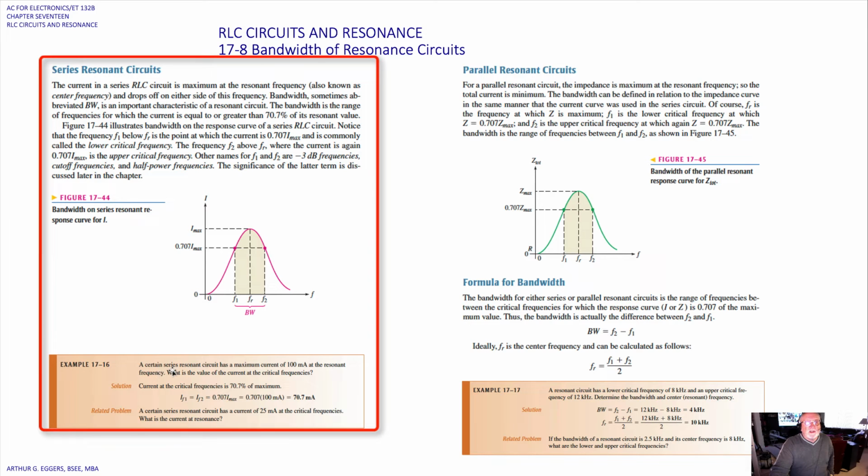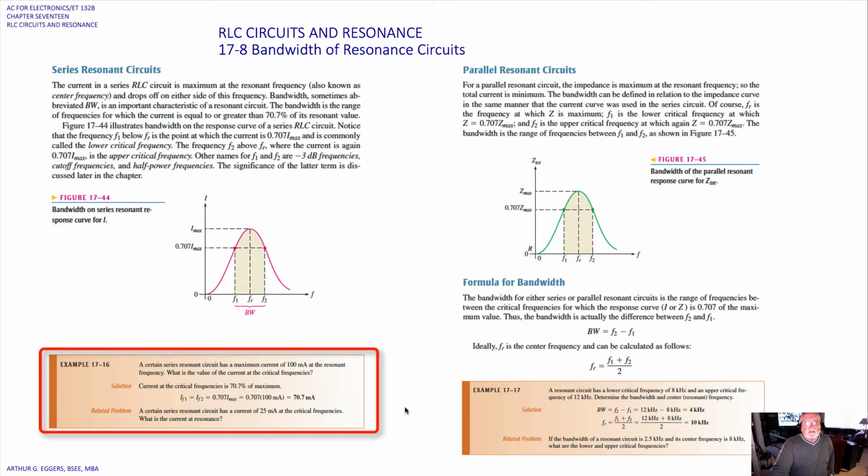A certain series resonant circuit has a maximum current of 100 milliamps at the resonant frequency. What is the value of the current at the critical frequencies? We can start to look at those to give us some idea of what the bandwidth is. The current at the critical frequencies is 70.7% of the maximum, 0.707 times the maximum current.